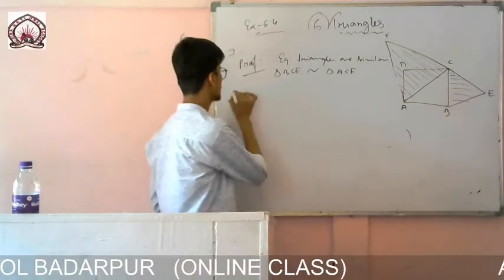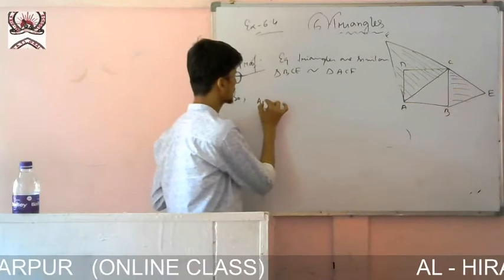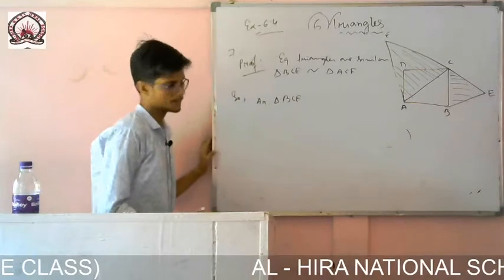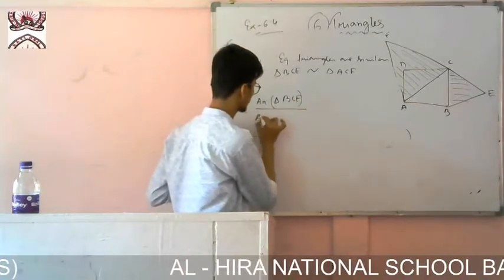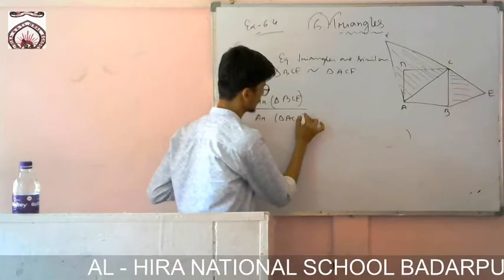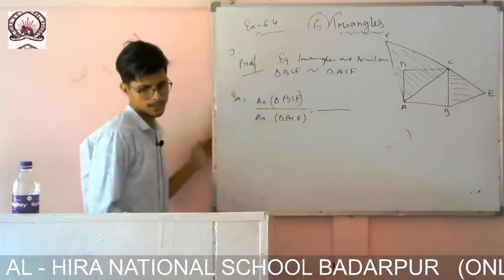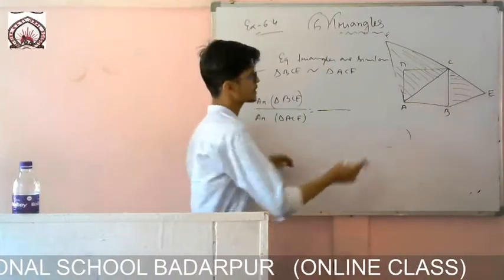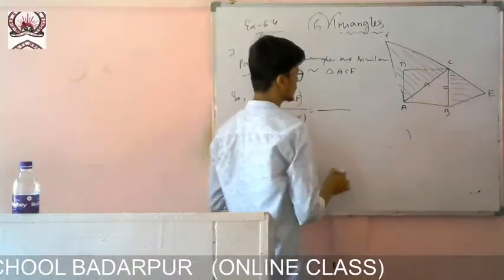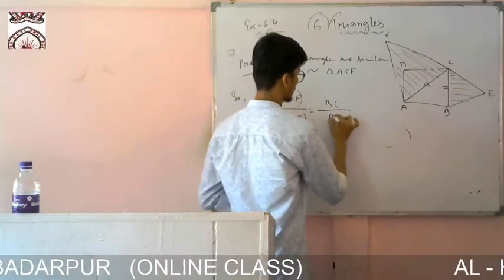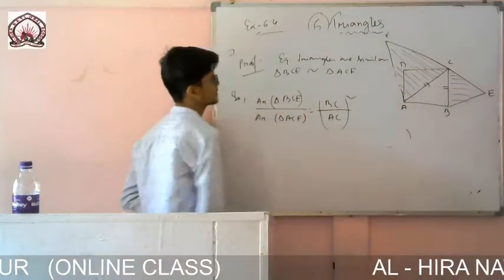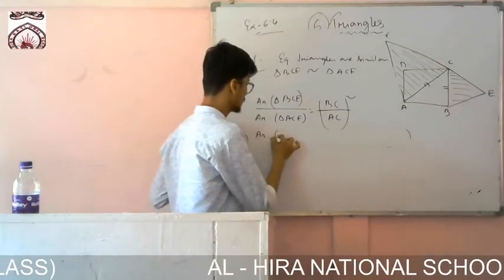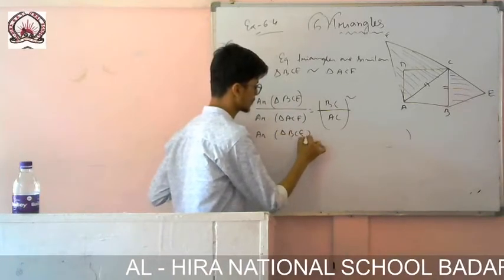So if these two are similar, then I can use that theorem. Area of triangle BCE by area of triangle ACF equals, taking any one side, let me take the base. The base for this one is BC, and for this one it is the diagonal AC. So BC by AC whole square. AC is the diagonal. Keep in mind AC is the diagonal, because I need to use a formula.